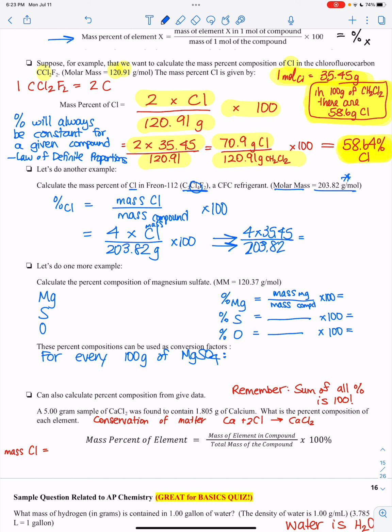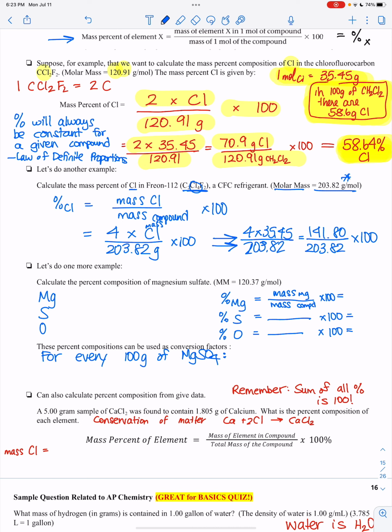Sorry, I'm trying to get my calculator working. So 4 times 35.45, that gives you a chance to copy down, is 141.80 divided by 203.82.